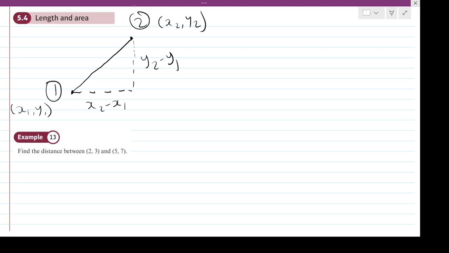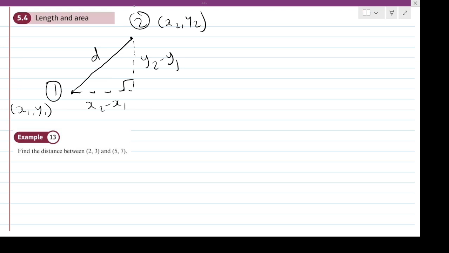Cool. Okay, well then, hopefully you recognise we've got a nice little right angle triangle. Now, what I want to find is the distance here, the length between the 2 points. If I call the distance d, no points for what d stands for, distance.